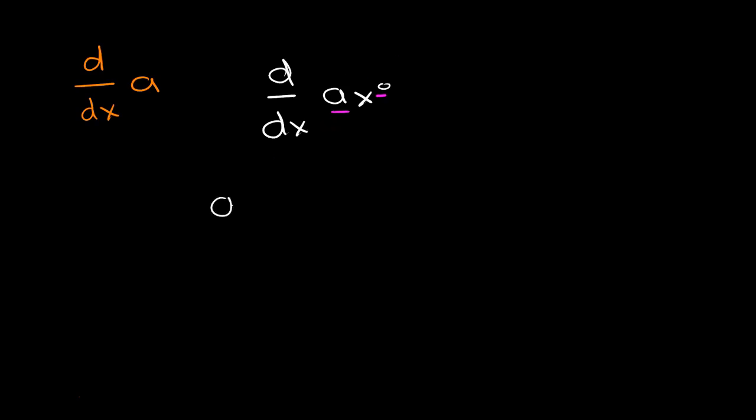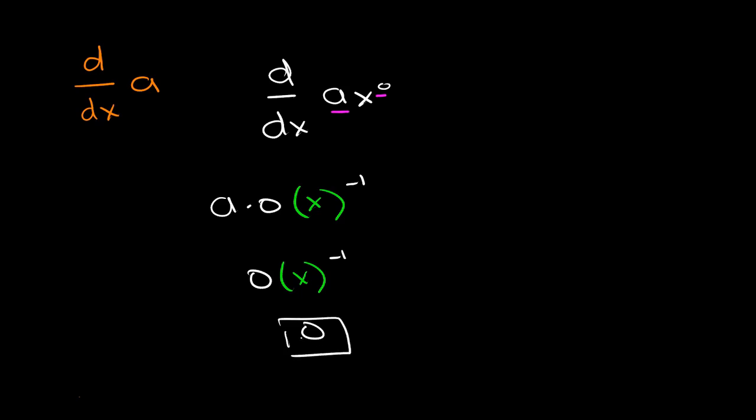So a times 0 times x to the power 0 minus 1, which is negative 1. Well, simplifying this, a times 0 is just 0 times x to the power negative 1. And again, 0 times anything is just 0. So the derivative of any constant is equal to 0.